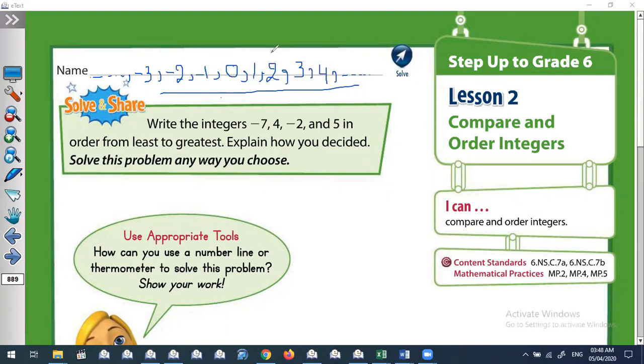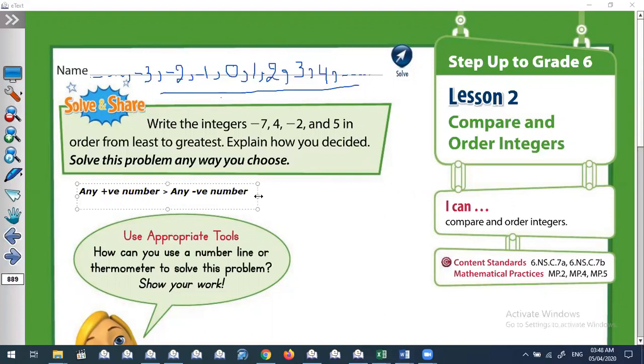Our note number 1: any positive number is greater than any negative number.